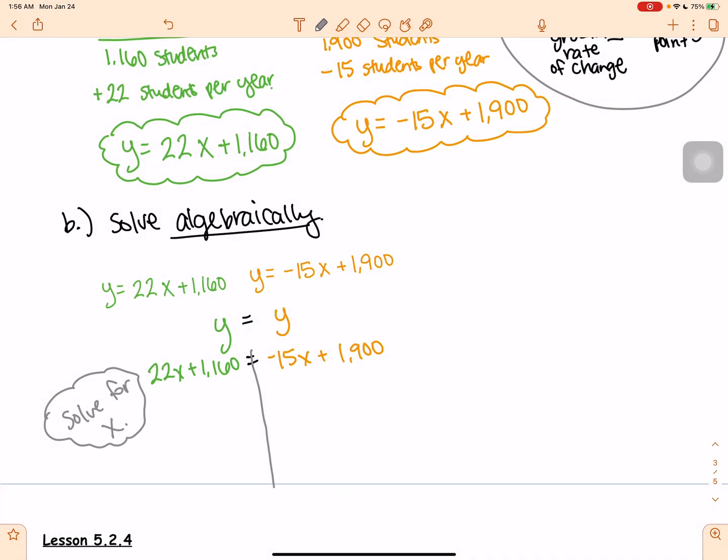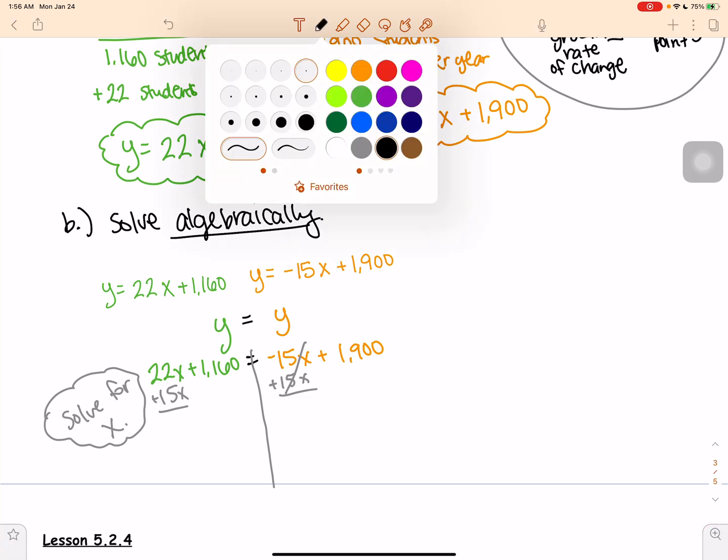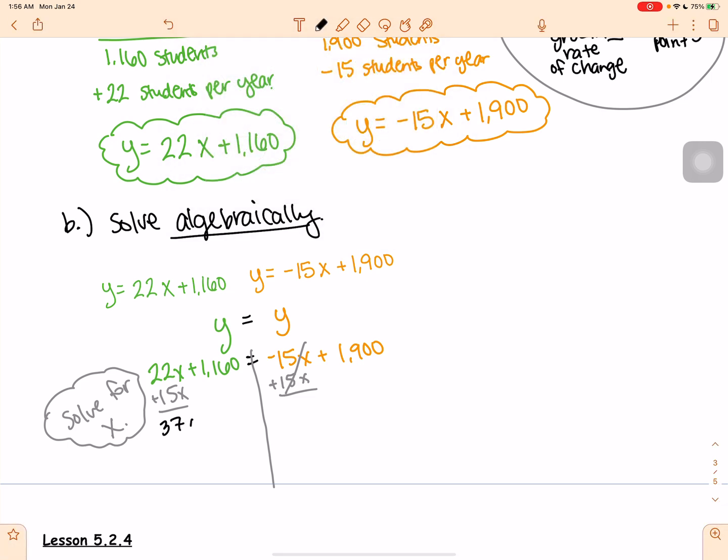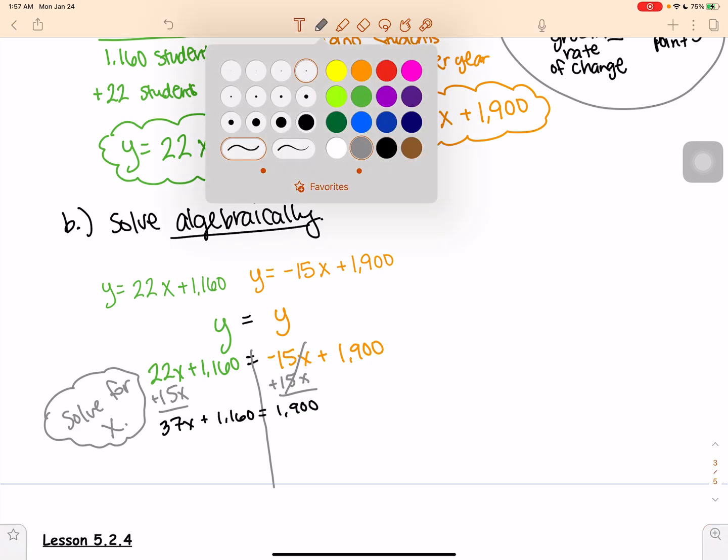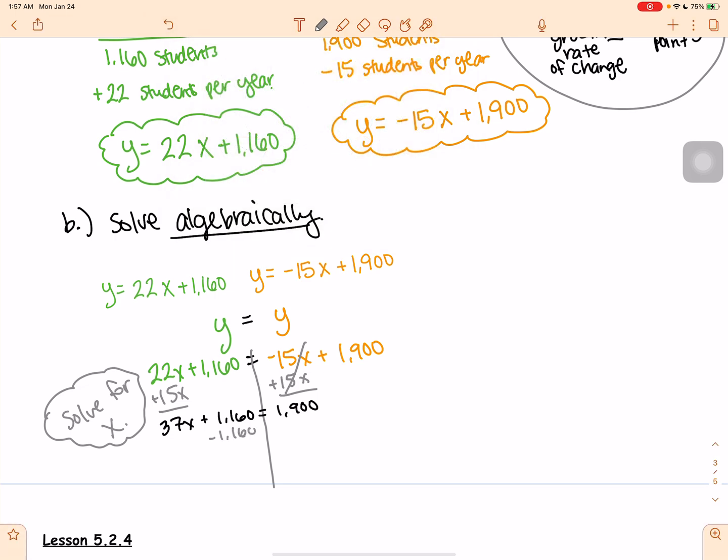All right, so if we solve these, I would first start off by adding 15x to both sides. Okay, then here we get 37x plus 1,160 equals 1,900. So now I would subtract this from both sides.